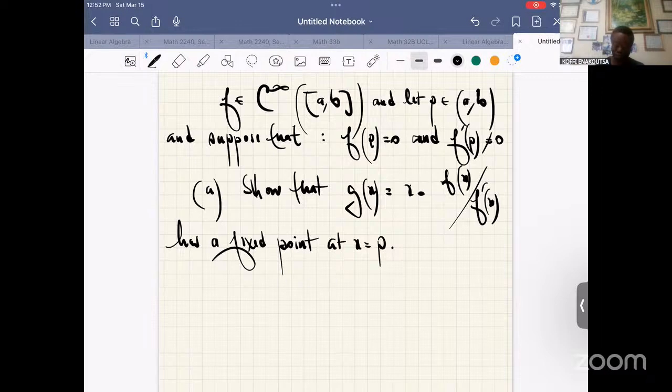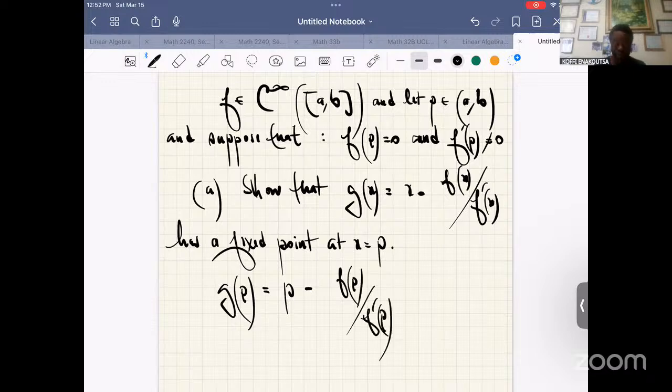So the fixed point, you take g at p, and then g at p is p minus f at p over f prime at p. So f at p equals 0 is given by the assumption. So this is just p, and p is a fixed point for the function g.